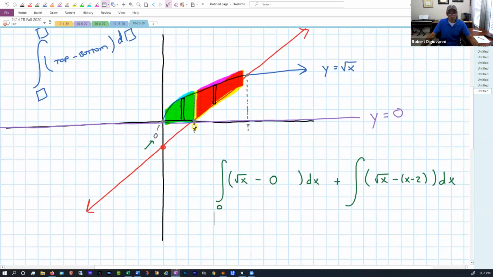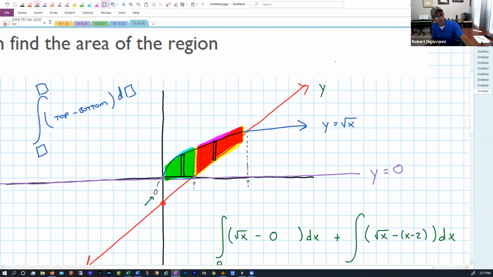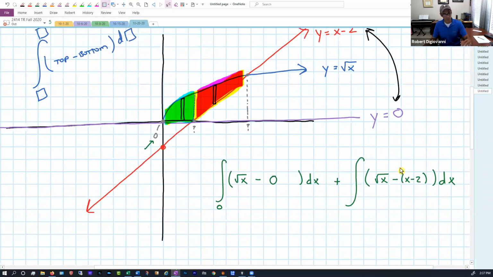In other words, that's where the red one, which is y equals x minus 2, hits the purple one. If you set those two equal to one another, you get x is 2. So we know that that's 2.